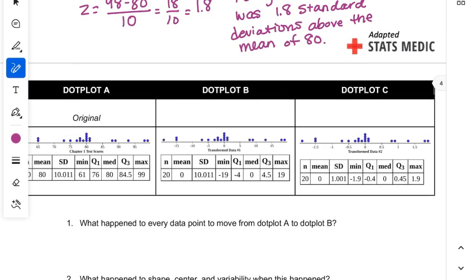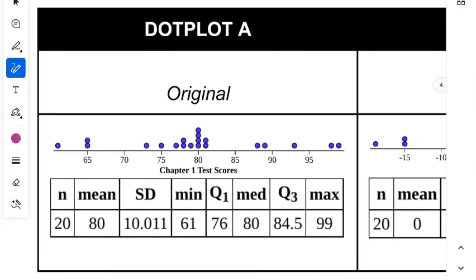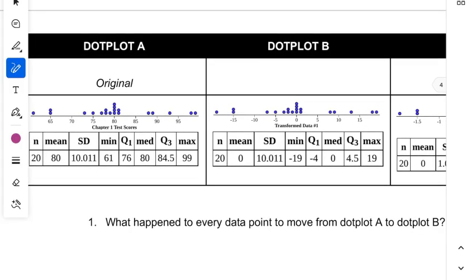Okay, go to the next page. Up at the top, we have 3 dot plots. The first dot plot is our original, and it gives our summary stats. Let's compare that to dot plot B. Look at the shape. Is the shape the same or different from dot plot A to B?